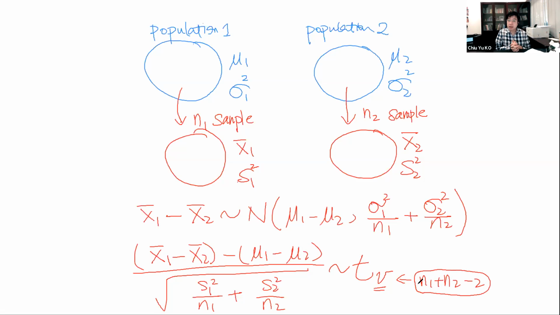Would there be an Excel formula for the calculation? Well, Excel has a t distribution, so you can just directly do it. Did I answer the question?